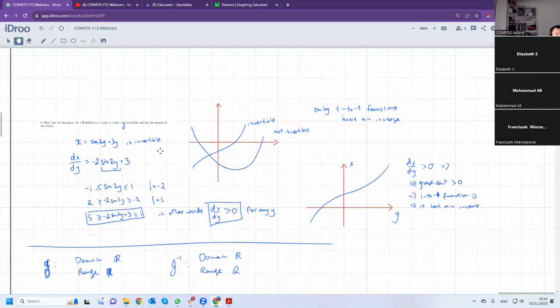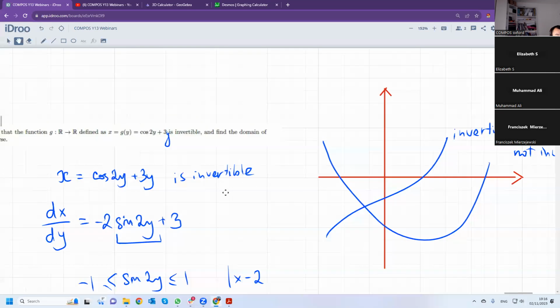Because we can find the limit of cos 2y plus 3y as y tends to plus infinity.